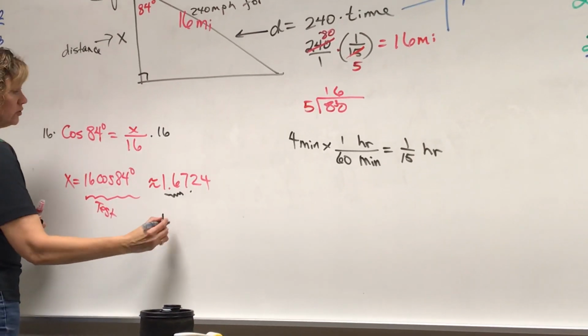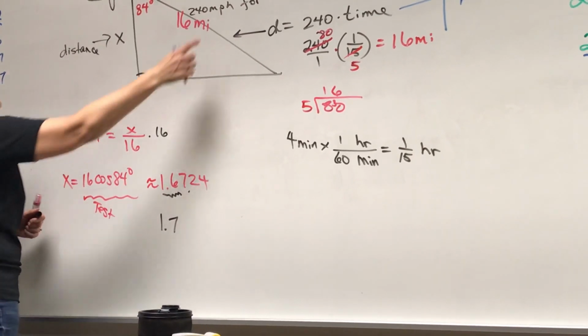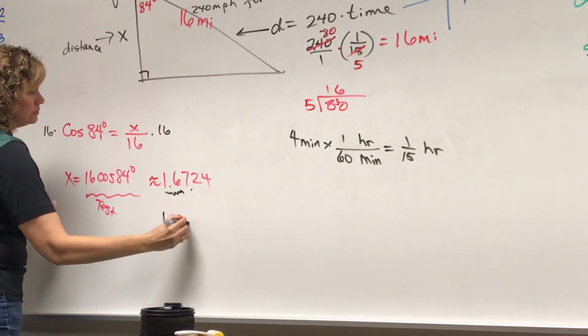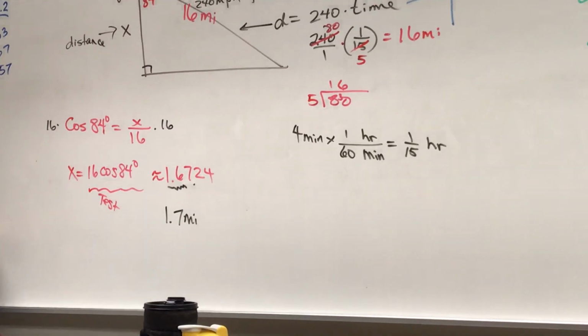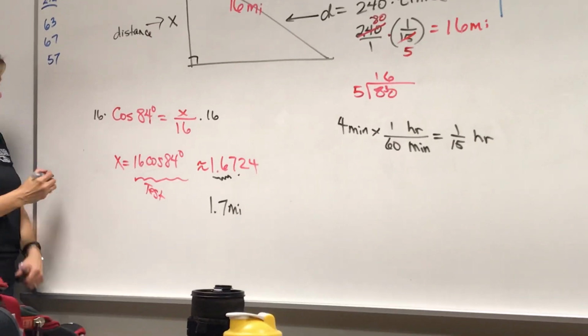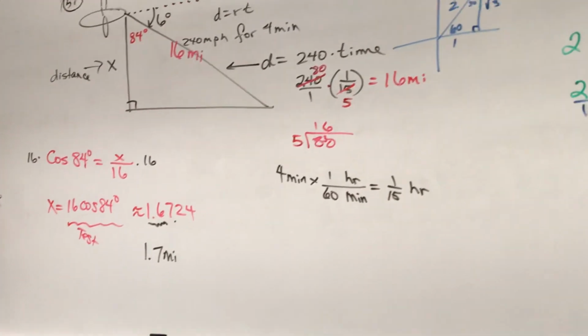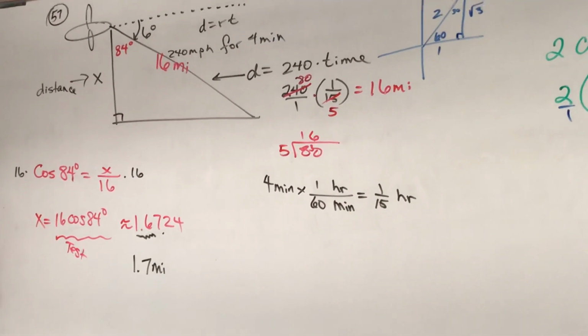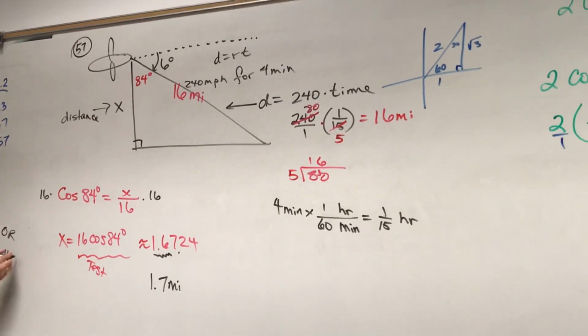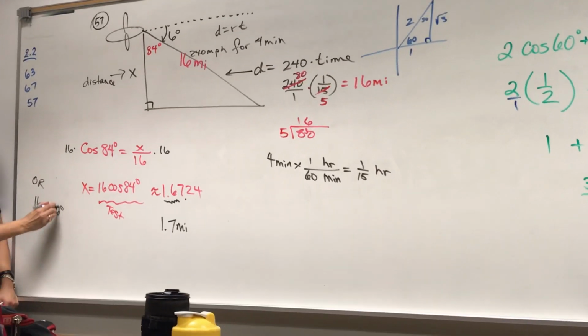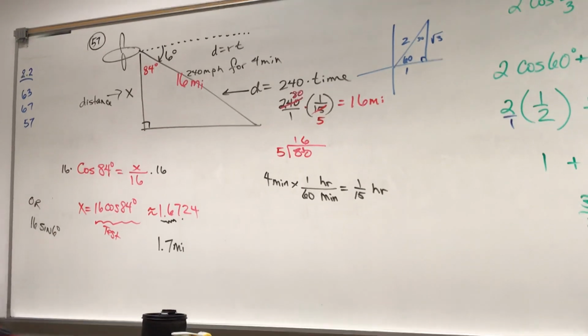Round it up, so we're going to give our answer as 1.7 miles. We also could have done 16 sine of 6, which will give you the same thing.